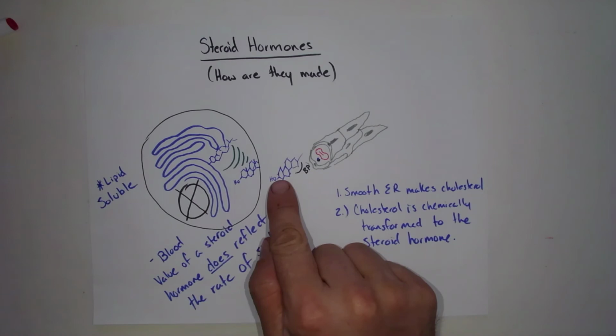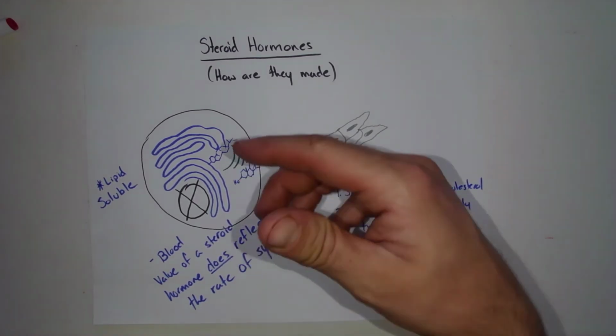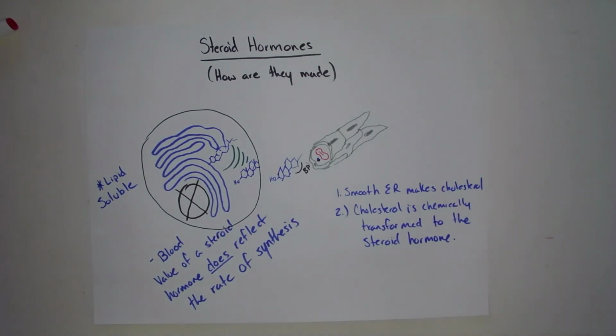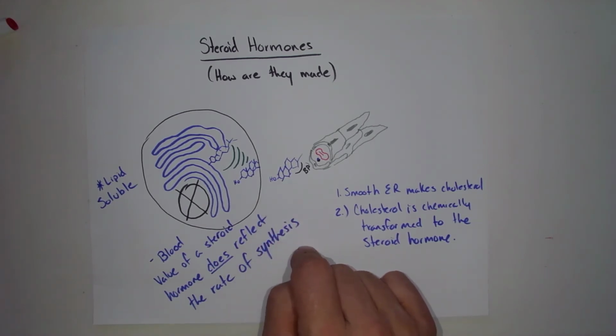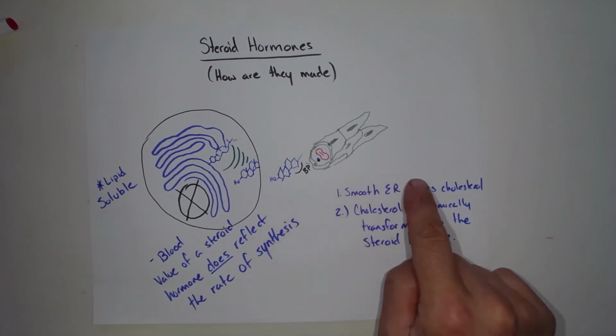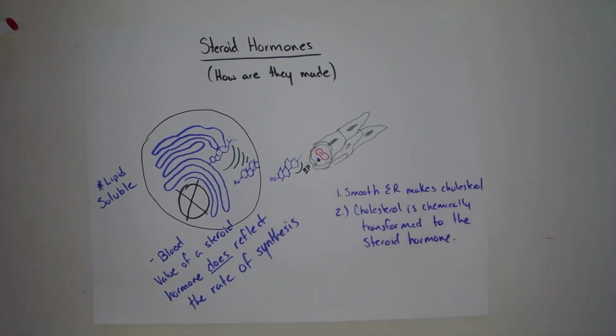Okay, because these are lipid soluble, it also means that they don't have free rein to travel throughout the body, throughout the water environment, which means that metabolizing these can take longer. Excreting them can take longer because they can pass right back through cells and get back into the body.